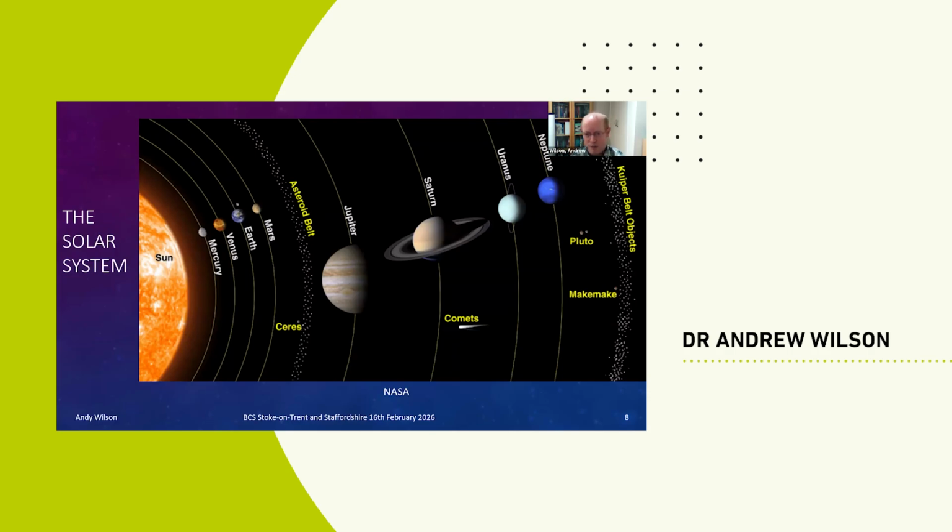We then reach the asteroid belt, though really the asteroid belt isn't some kind of region where all the asteroids congregate. They actually move around the solar system. It's just they spend the majority of their time in the asteroid belt.